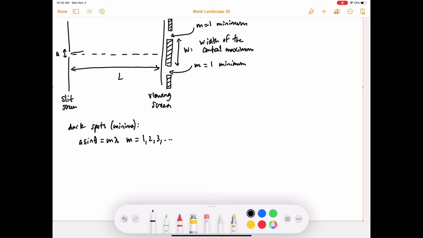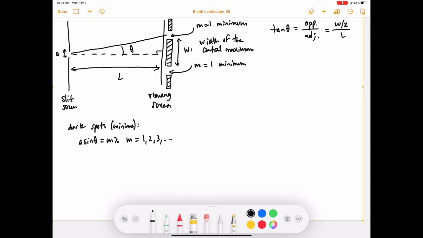So if I draw the angle that takes us to the m equals 1 minimum, let's call that theta right here, that helps us form a right triangle on our diagram, okay? So we have a right triangle, and the tangent of the angle theta that I just drew is equal to the opposite side over the adjacent side in that triangle. Okay, well the opposite side is not the width, but half of that, so W over 2. The adjacent side is L.